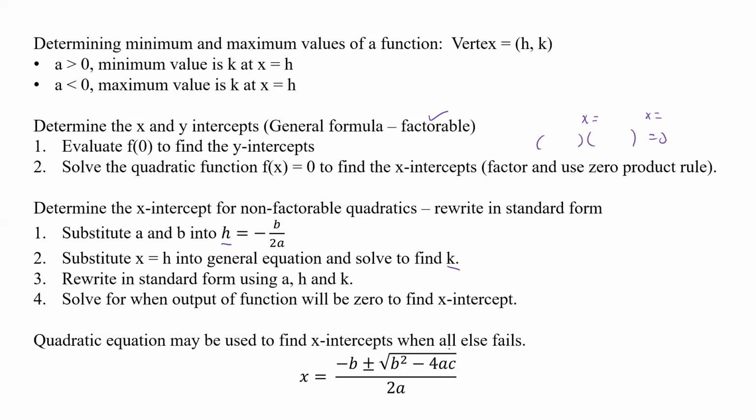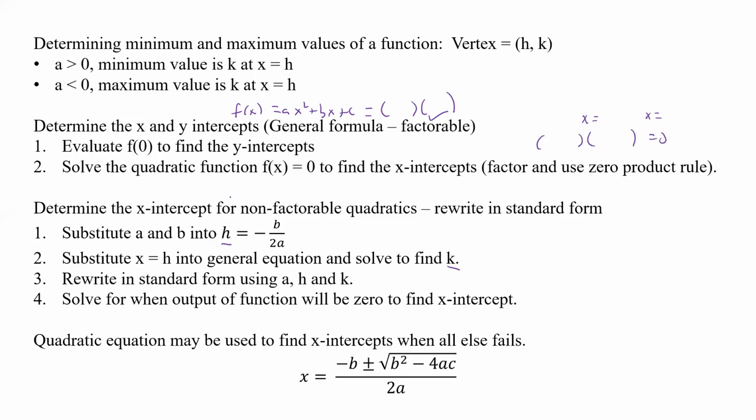Each person is going to have their own way to figure this out, because some people have trouble factoring. Maybe part B here is going to be easiest by rewriting it in standard form. Or some people say, hey, I know the quadratic formula, I can plug in here really quick and get my answers that way, and you're going to have a plus and a minus. So again, it all depends on what form you get. So in this one, we originally had f of x equals ax squared plus bx plus c, and we factored that into two things.